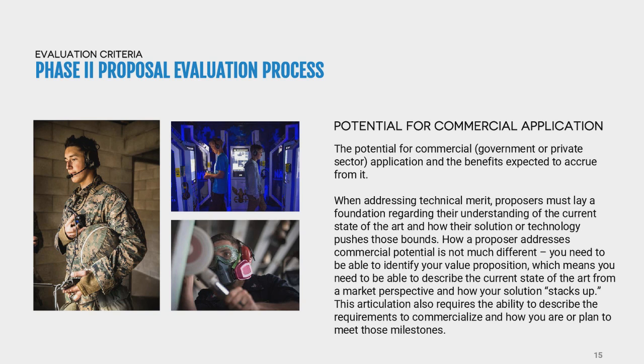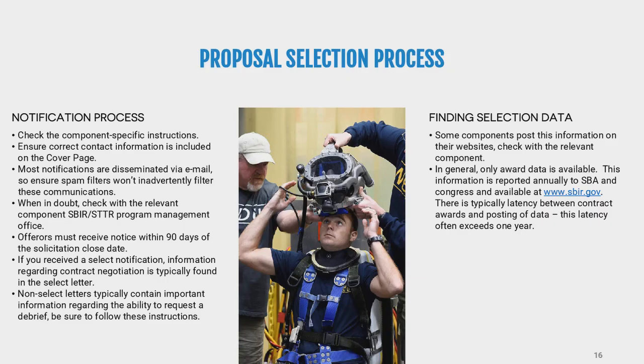And you also need to be able to articulate how you're doing it better, faster, cheaper, and also how you're better than the competition that might be trying to do the same. You also need to be able to describe the milestones it's going to take in order to get your technology to reach both the warfighter and the commercial market. If you are unable to articulate that type of strategy, for criterion C, you might not be reviewed as favorably as another proposer. Next slide.